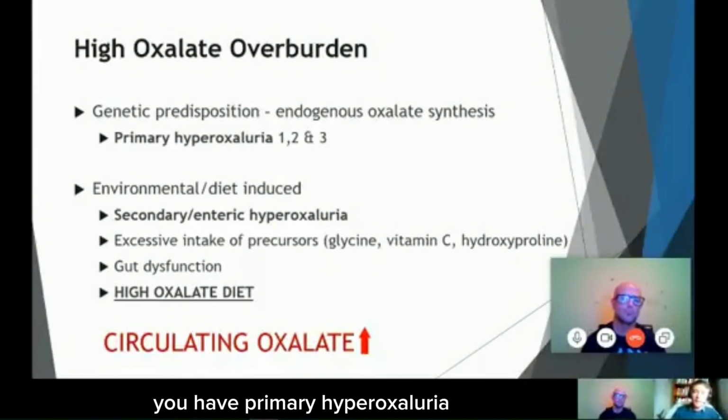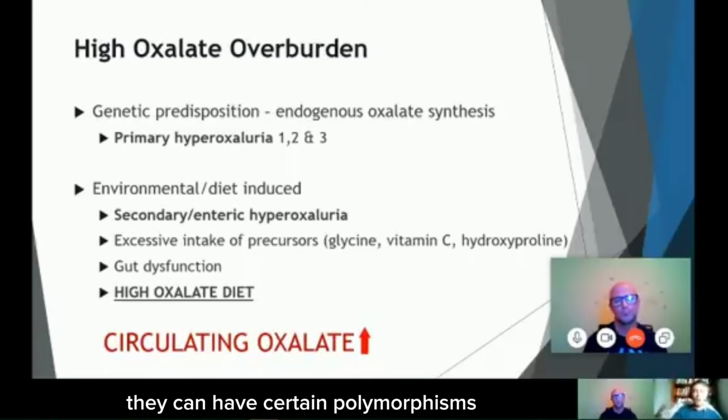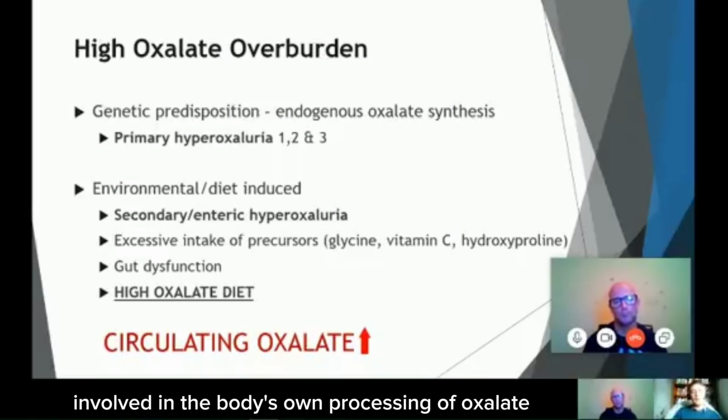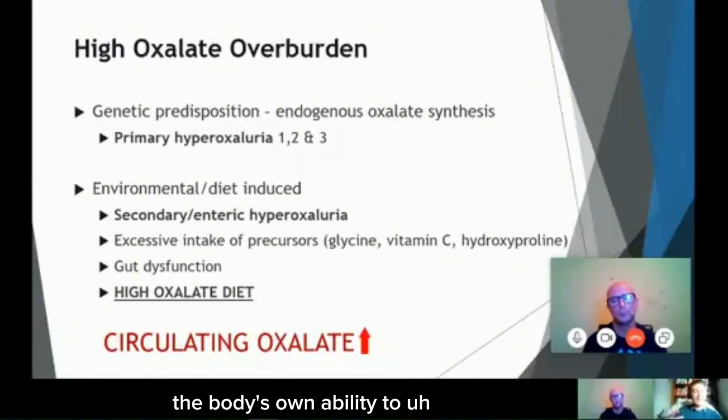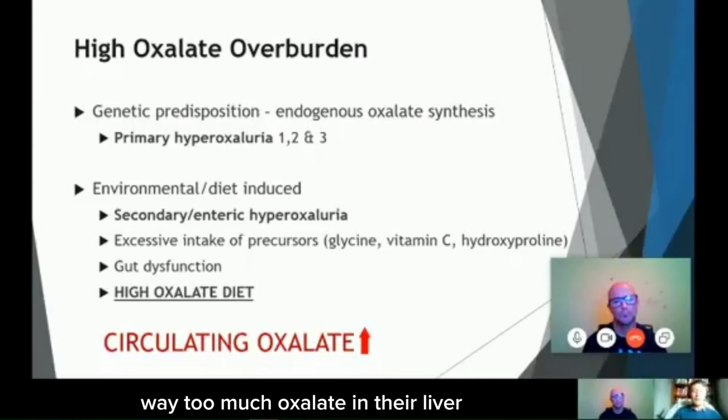You have primary hyperoxaluria, which means that someone is genetically predisposed. They can have certain polymorphisms or mutations in genes involved in the body's own processing of oxalate and various metabolites. This basically means that they are producing way too much oxalate in their liver.